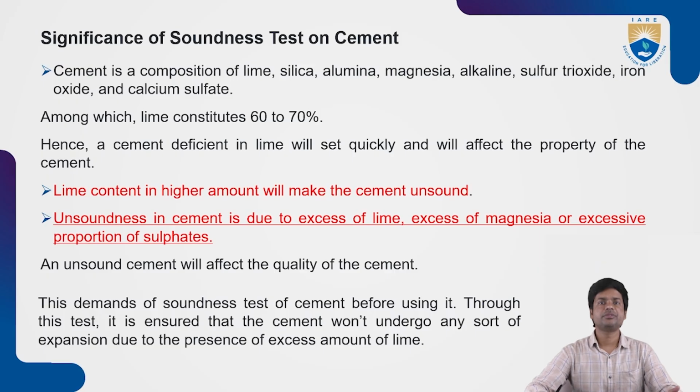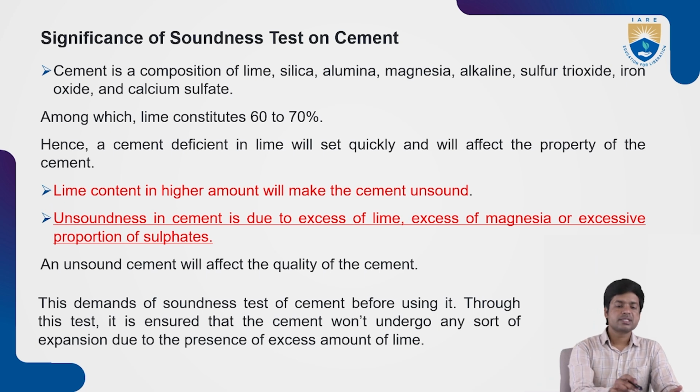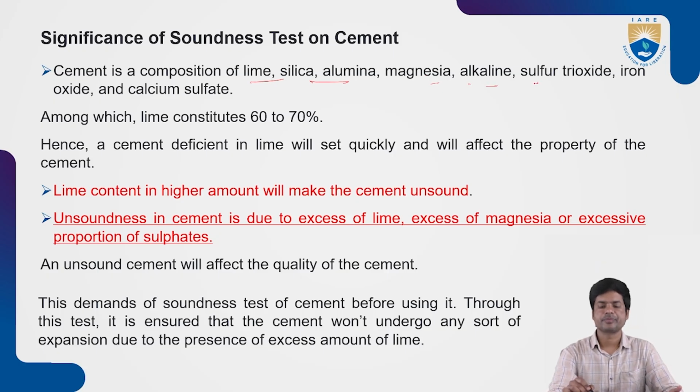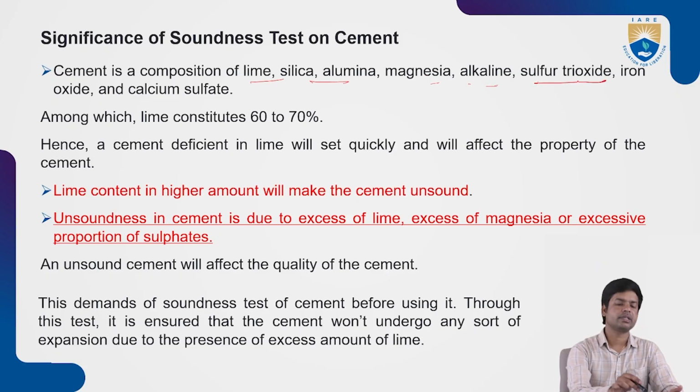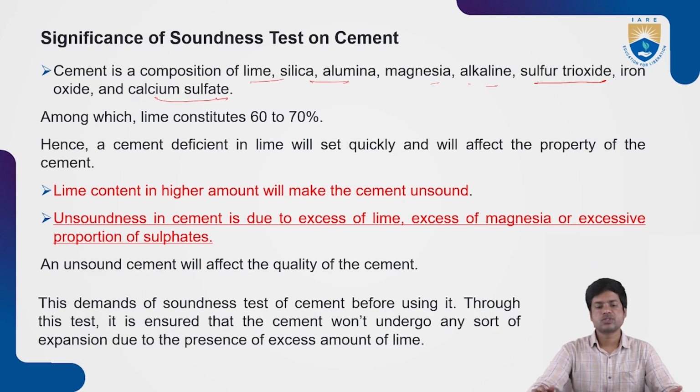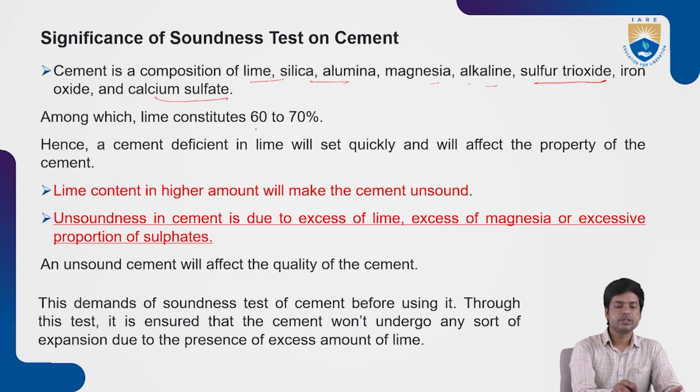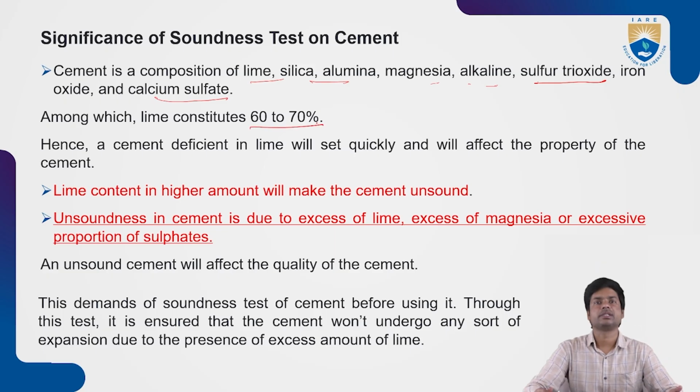Coming to the significance of the soundness test on cement, what is the need of doing it? Cement is a composition of lime, silica, aluminium, magnesium, alkalis, sulfur trioxide, iron oxide and calcium sulfate. Among all these materials, lime itself constitutes around 60 to 70%.